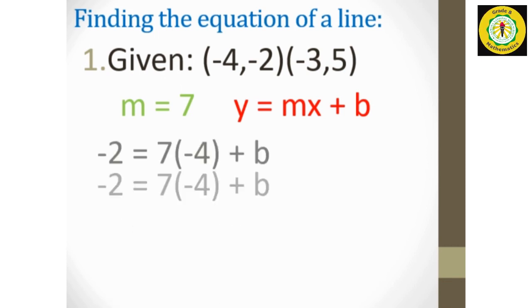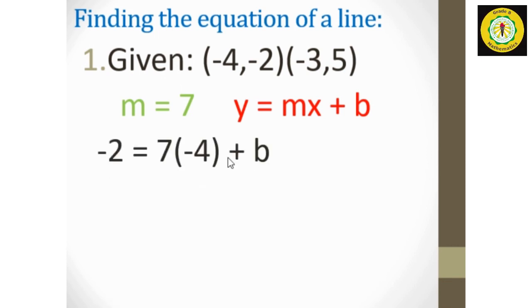And then, we need to substitute the given slope and the point in our form of y equals mx plus b. So y is negative 2 and our m is 7, our x is negative 4, and b is unknown. Alright?